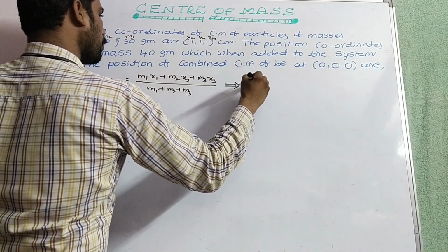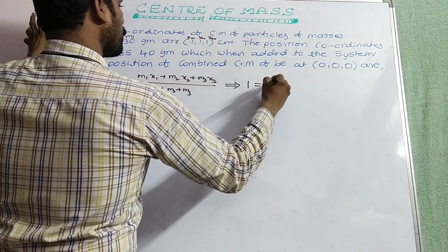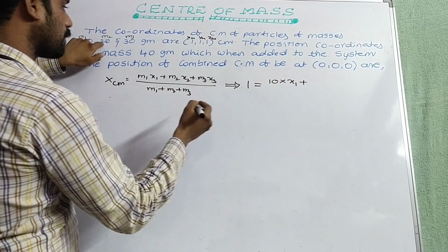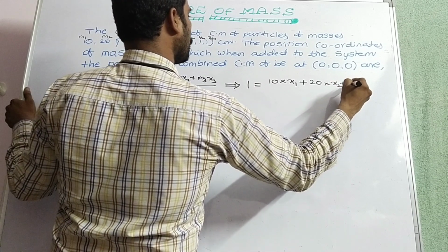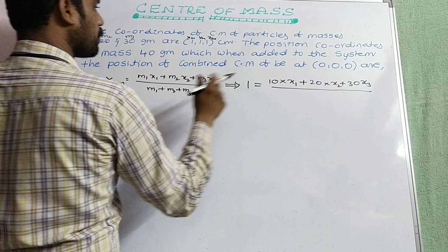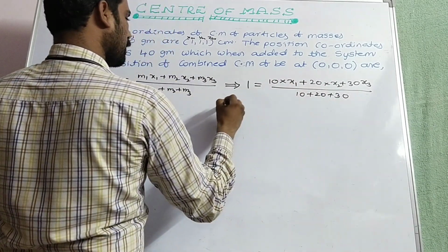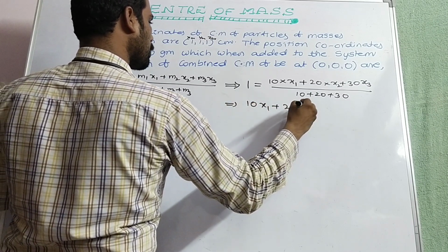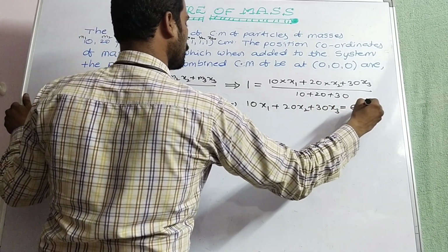That implies 1 equals 10 into x1 plus 20 into x2 plus 30 into x3 by 10 plus 20 plus 30. That implies 10x1 plus 20x2 plus 30x3 is equal to 60.